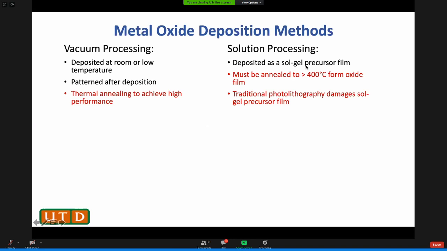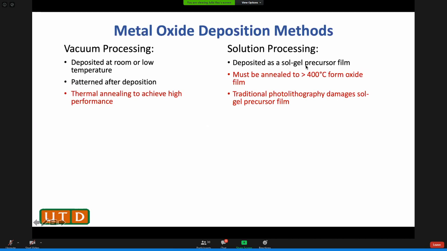So here I show you an example that if you try to convert the whole sample at high temperature, so you heat it up, I think in this case, 250 C, okay? The bottom substrate wants to expand a lot because its CTE is large. Oxide does not want to expand, its CTE is low.